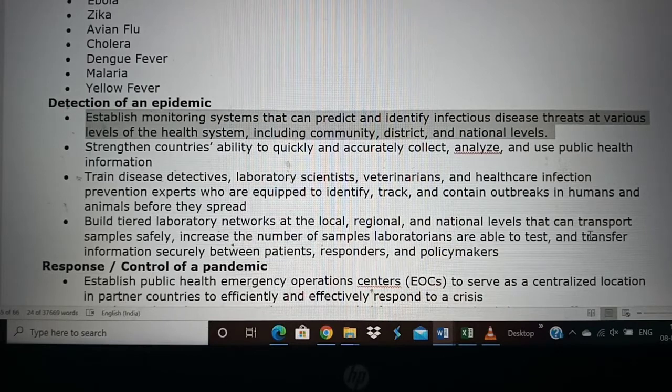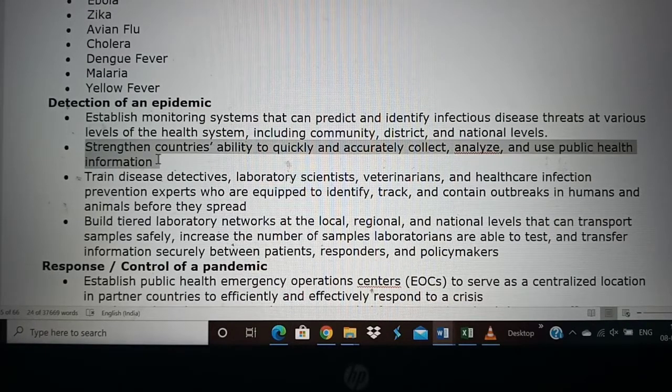So this monitoring system predicts and identifies infectious disease threats at the local level, at the district level, at the community level, and at the national level. So whenever there is an increase in cases, the government can take adequate steps, and it will help.